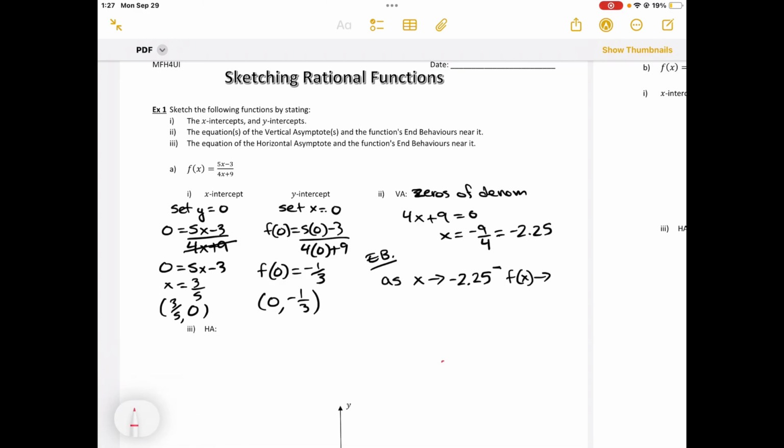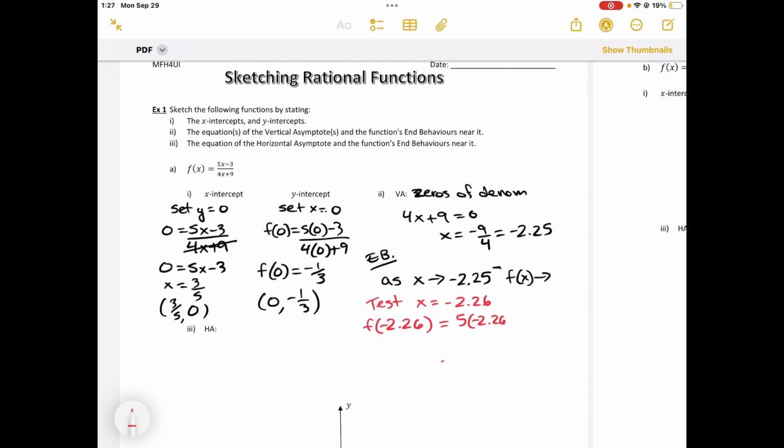And the value that I'm going to test is minus 2.26. It's a little bit further to the left on the x-axis. So when I do that, I am going to substitute in that value into my original function, and I'm going to calculate it.